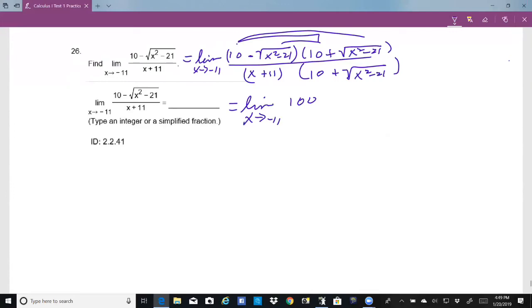And then you'll have minus the radical times the radical, which is the number under the radical itself. And just write the denominator as is until you simplify the numerator.